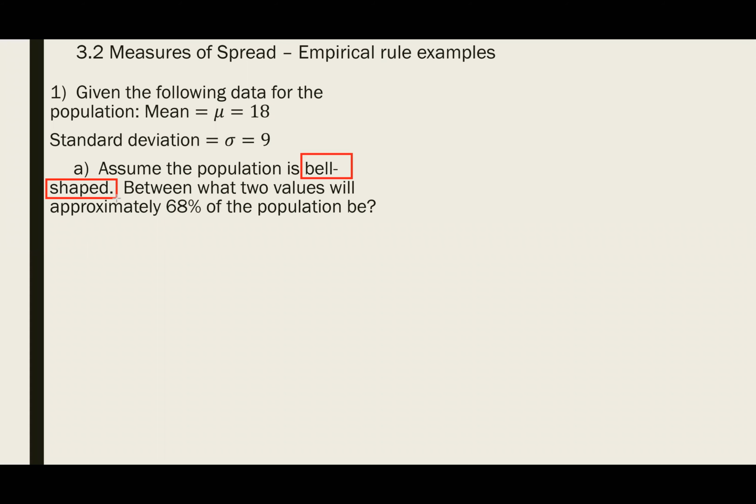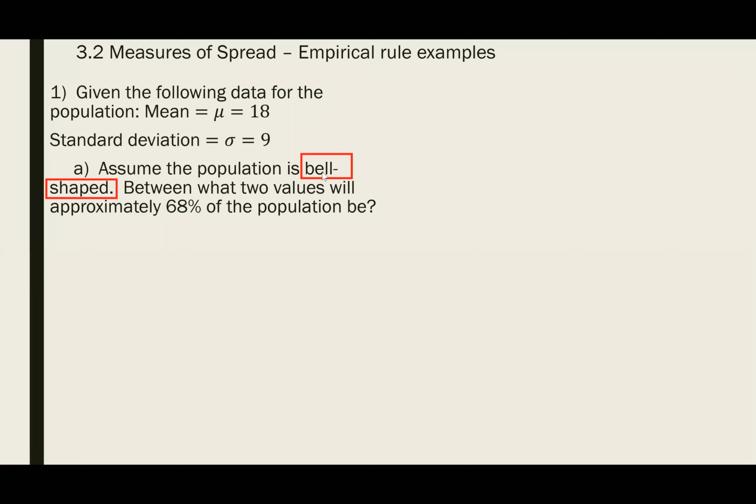If it's not a bell-shaped curve, if it's not normally distributed, then we cannot use this empirical probability or empirical rule. The empirical rule only works with a bell-shaped curve. Okay, so make sure when you read, and that's your challenge, is you have to identify which kind of question you have.